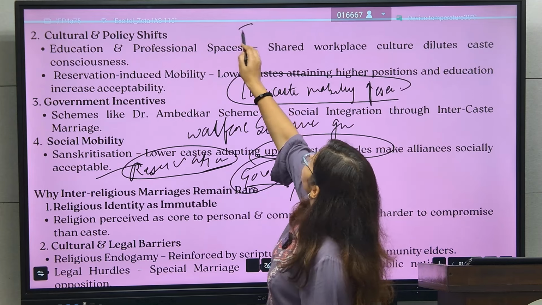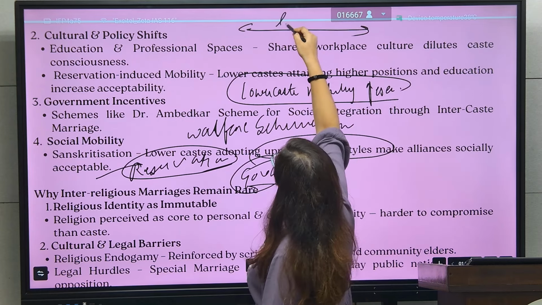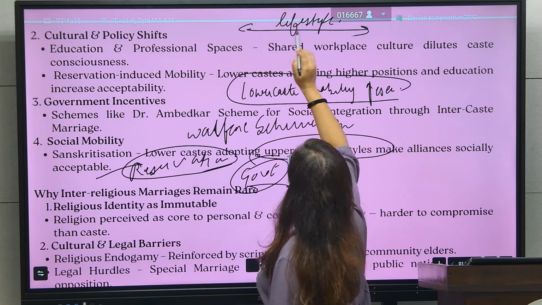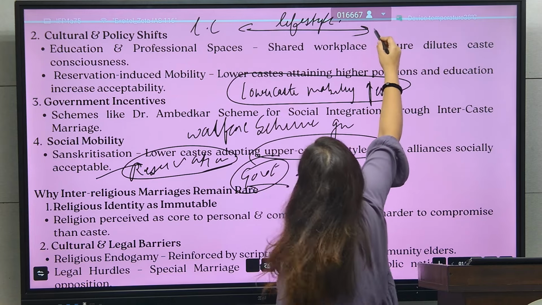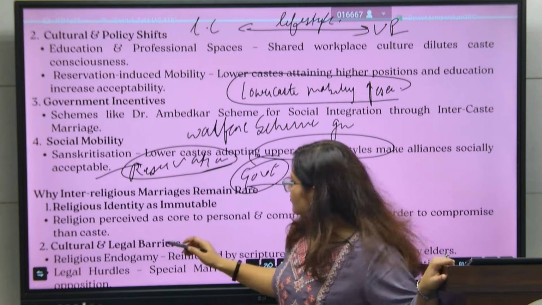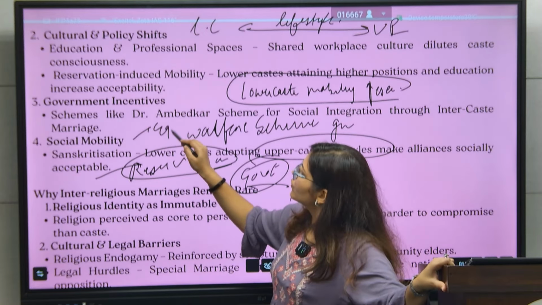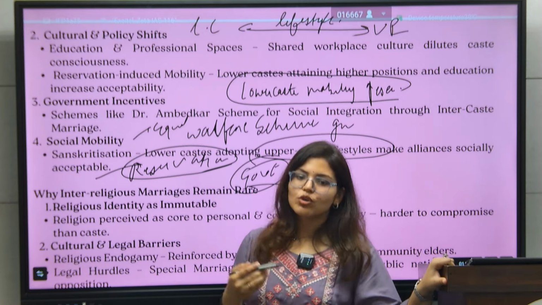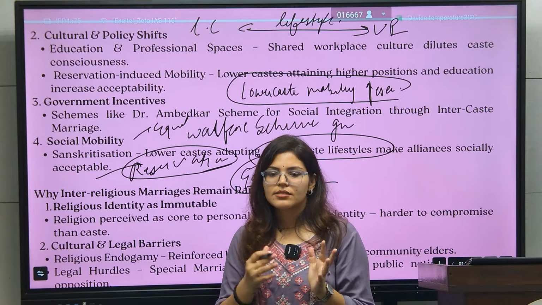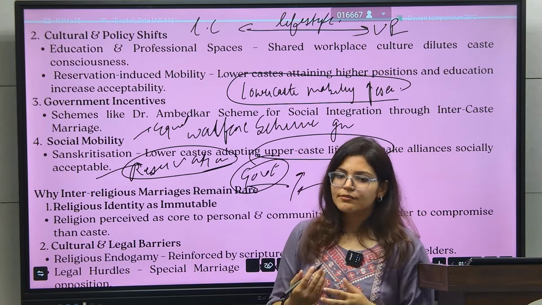So the difference between the lifestyles is no more. Here is lower caste, here is upper caste. The lifestyle is more or less equal now between the lower caste and the upper caste. So this also reduces caste consciousness or caste surveillance.